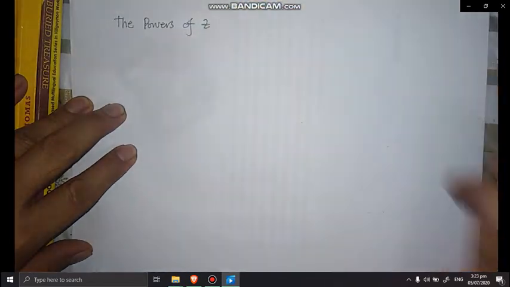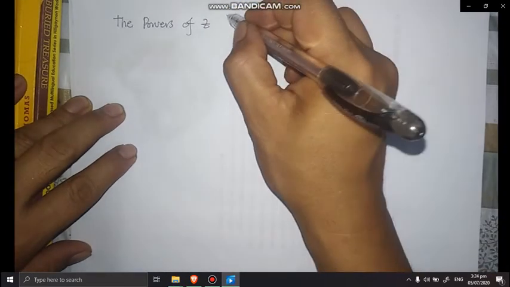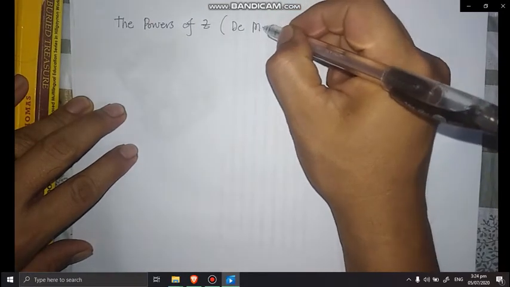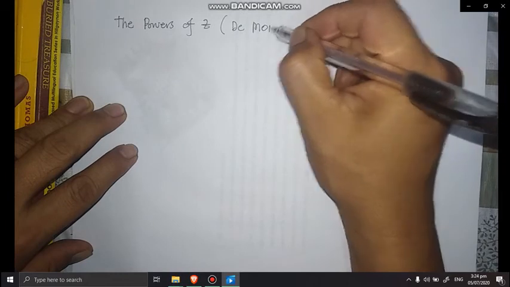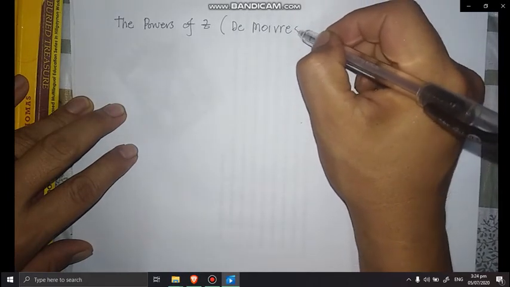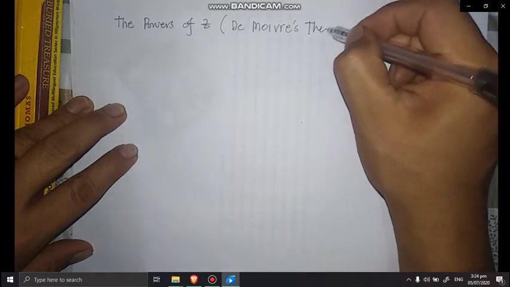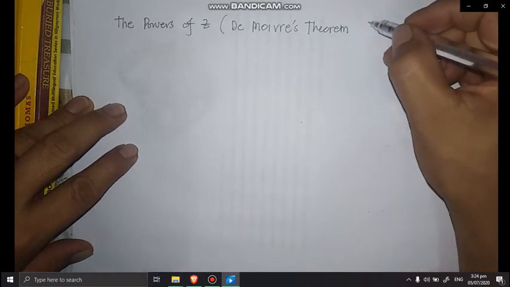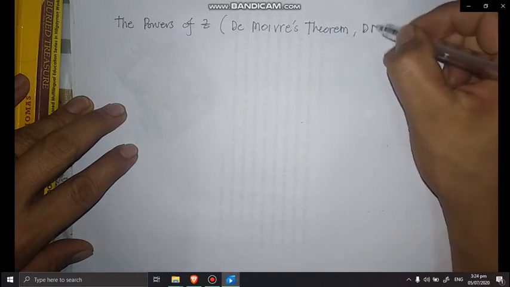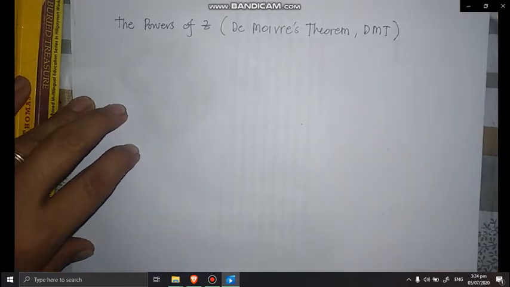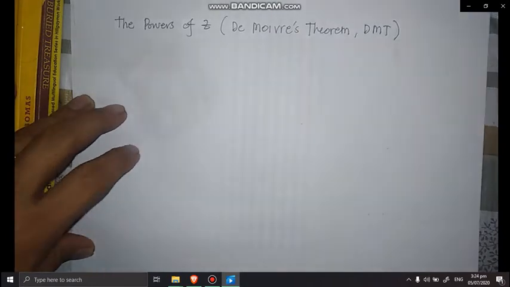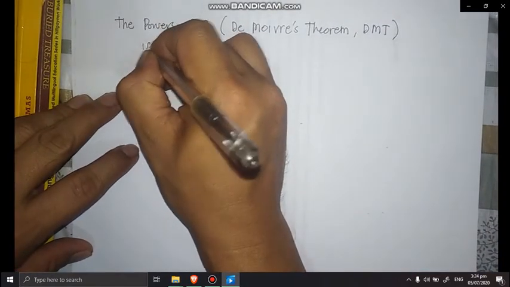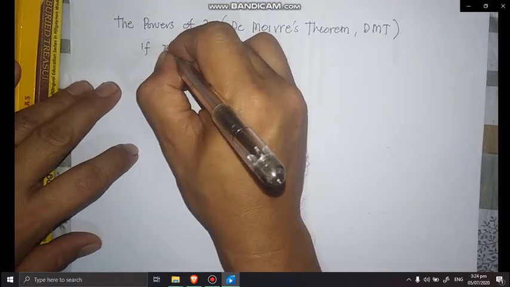The powers of z. We call this De Moivre's theorem. In short, we can call that DMT. De Moivre's is actually a French pronunciation, so you can call it De Moivre's theorem.